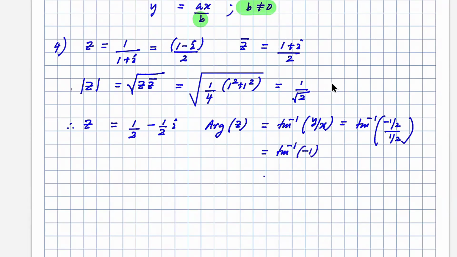The answer is tan inverse minus 1, meaning negative pi divided by 4. That is right, because you know the principal argument concept as well, right? So you can't pass pi. Good.